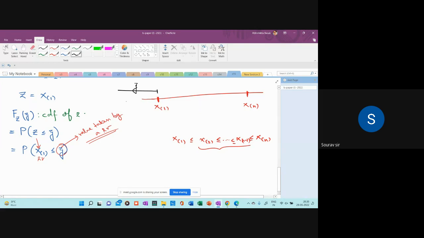So here is the place where z can lie. If it lies in this region, anywhere on the left side of X_(1), obviously it is going to be less than all of the random variables, because it satisfies this inequality. If it is less than the minimum value, it is going to be less than all the other random variables which are greater than the minimum itself.